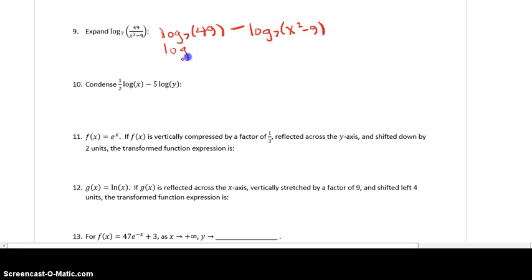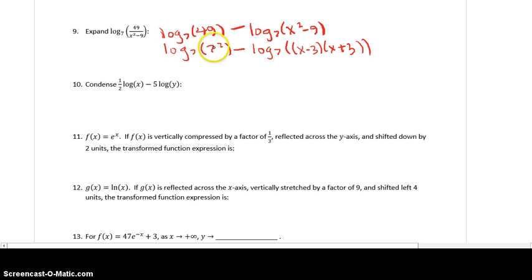So 49 is the same thing as 7 squared. Here I have a base 7 logarithm with a base 7 exponential inside, so that's going to work out a certain way. Over here, this x squared minus 9 can be factored as the difference of two squares. And so now I have a log of a product which I can expand also.